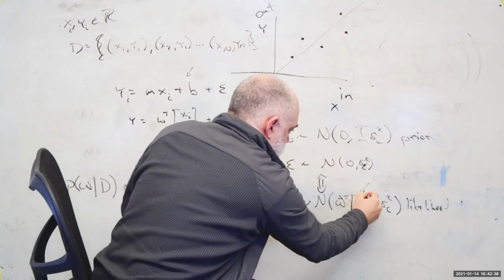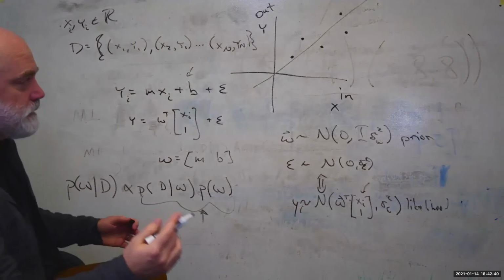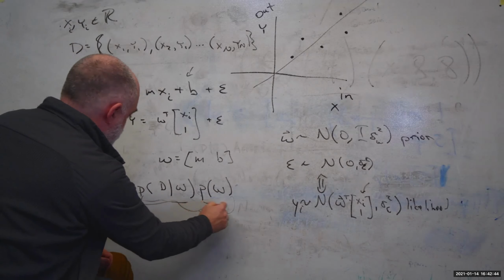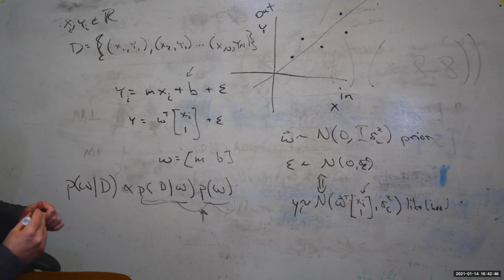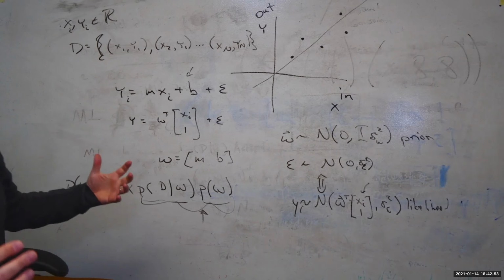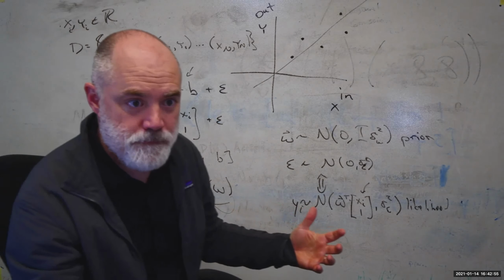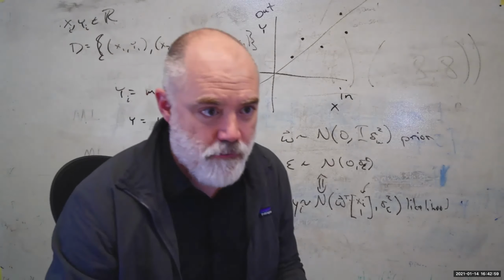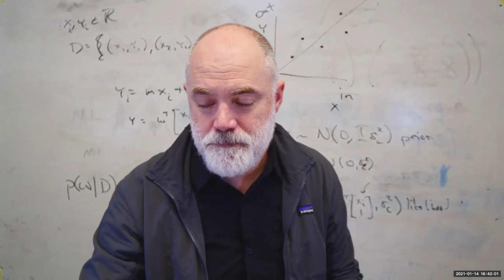It doesn't really matter. We're just treating the x's as given. That's totally fine. And our likelihood is here, our prior is here, and that's proportional to the posterior. Our inference objective now is to get the posterior distribution over W given our data, which are all the pairs of x's and y's, okay? By putting a prior on our model parameters, we turn a supervised learning problem into an inference problem, okay?